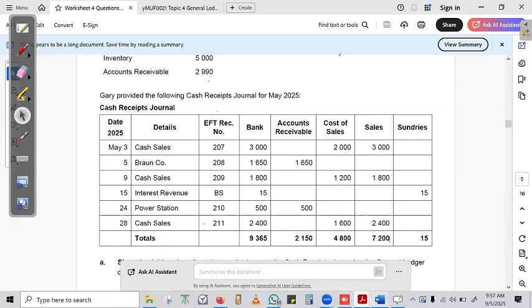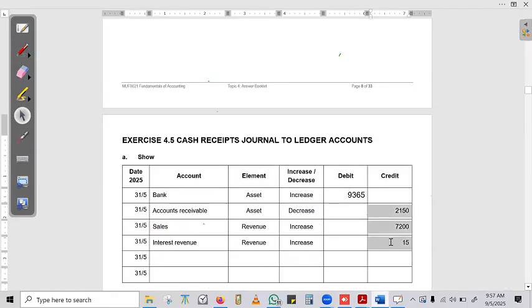Okay. Now, if you add all of this, right, you will get 9365, right? So the bank debit is equal to all these three credits, right? Cost of sales is different. Cost of sales has to be entered separately, right? So we enter cost of sales. We know cost of sales is an expense, right?